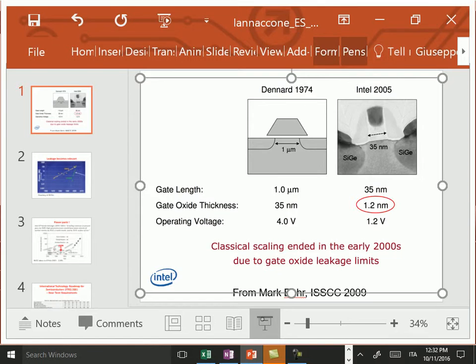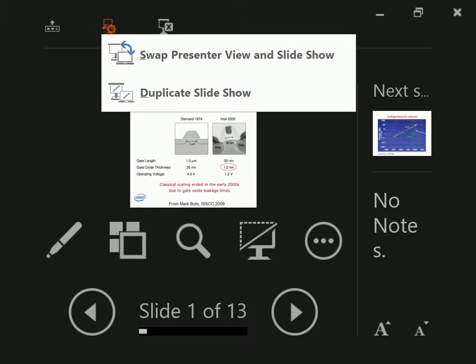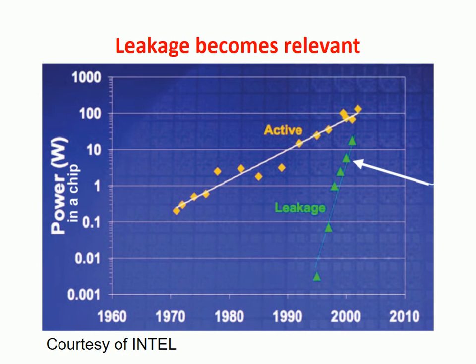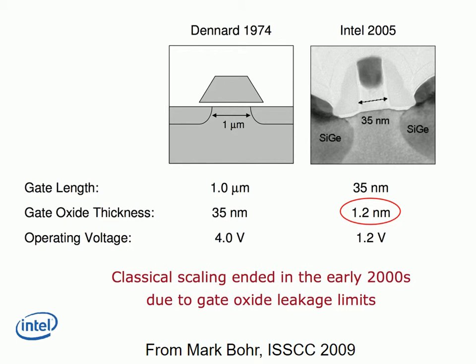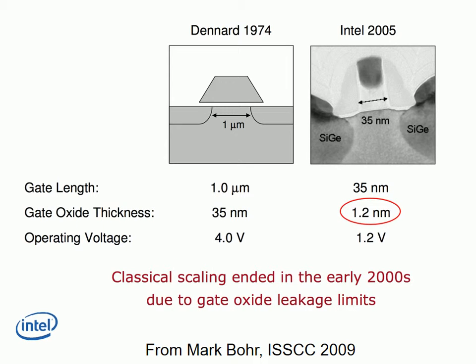So I want to stress some of the points that I made with some data. This is, for example, an example of the constant voltage scaling and the constant field scaling.